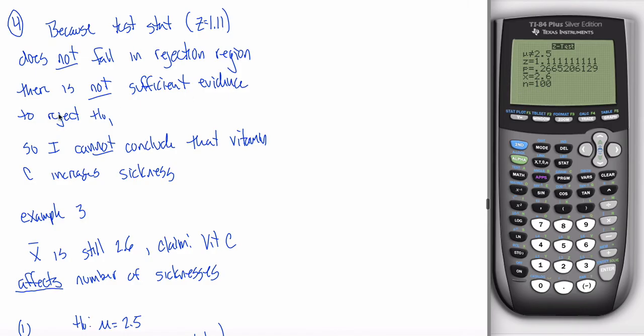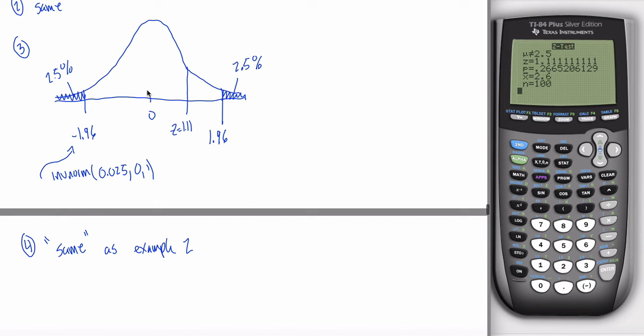There is not sufficient evidence to reject the null hypothesis. That's the same. So I cannot conclude that vitamin C, you wouldn't say increases, you'd say affects. Maybe I'll write that. Dot, dot, dot, cannot conclude that vitamin C affects, because that's what your claim was, sicknesses.